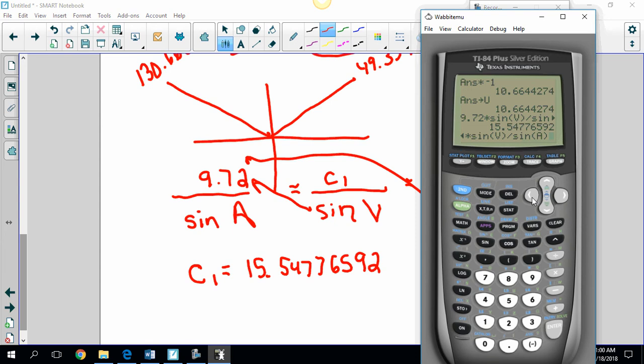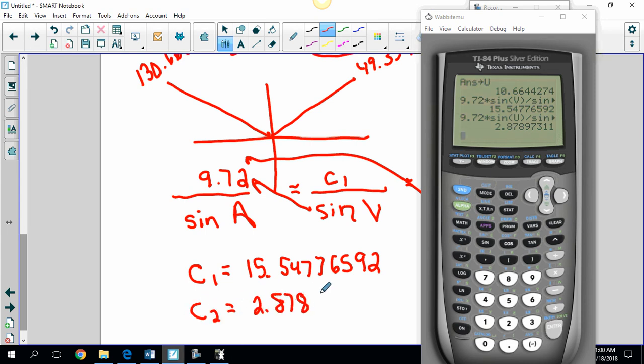In the sine of alpha V, we have an alpha U. C2 is 2.87897897311. Once again, I got all my decimals.